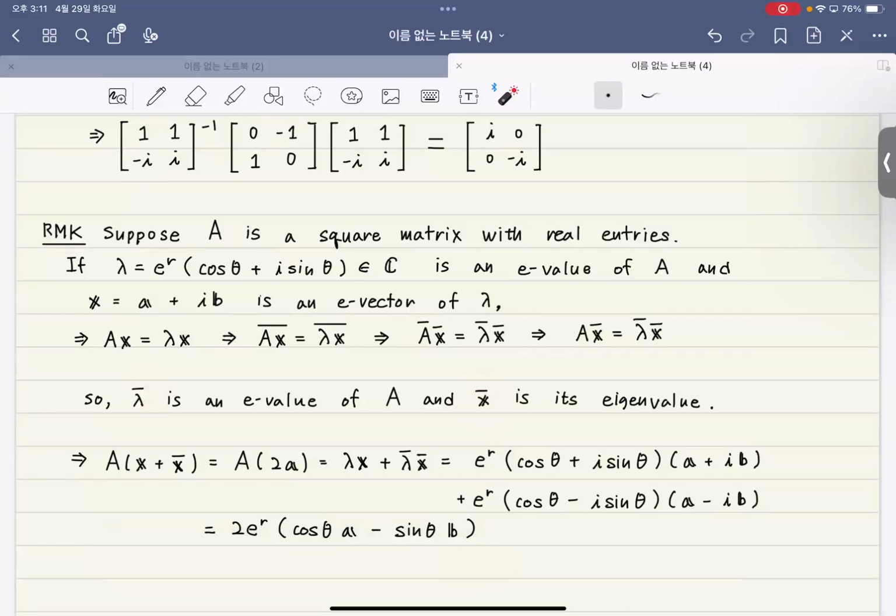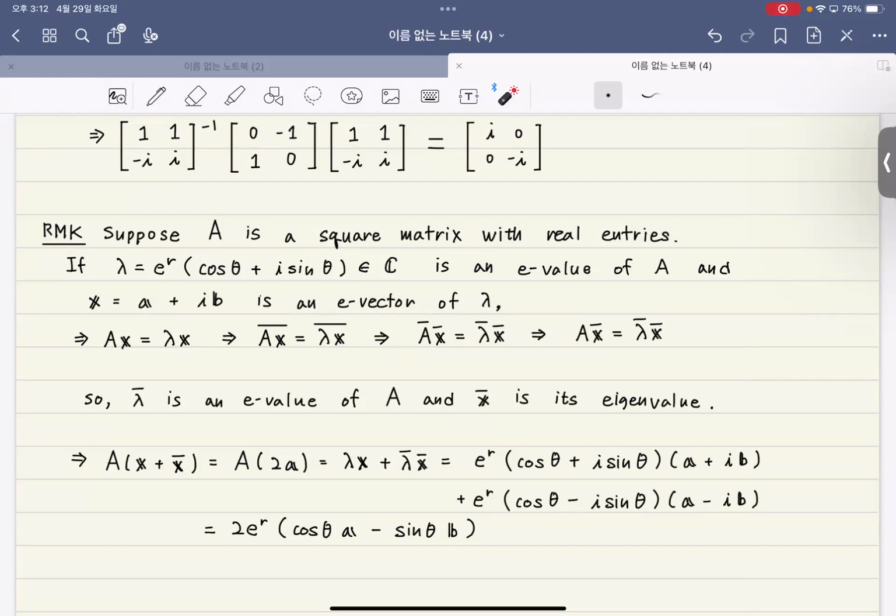Okay. So, maybe if you're good at working with complex numbers, then this is probably the end of the theorem. If this were the course and I were grading, maybe I would give you the 100 points for this. But if you really want to translate everything into real numbers, the real world, then I recommend you do this. I have two eigenvalues, lambda and lambda bar, and eigenvectors x and x bar. And I want to apply A to x plus x bar.